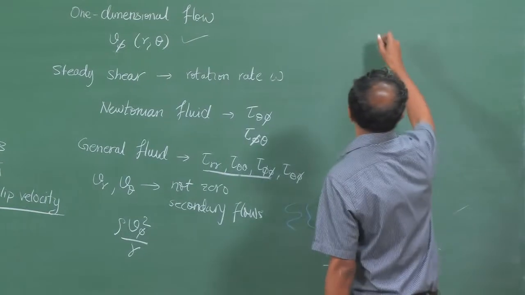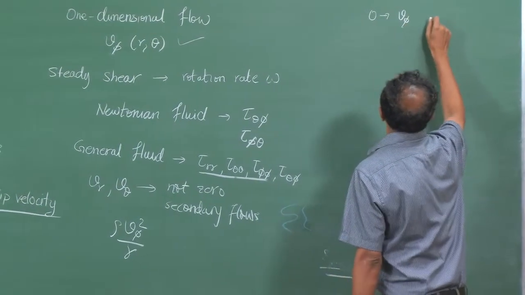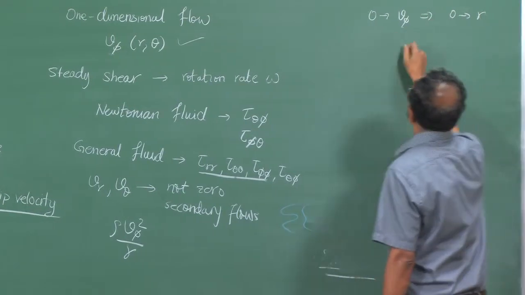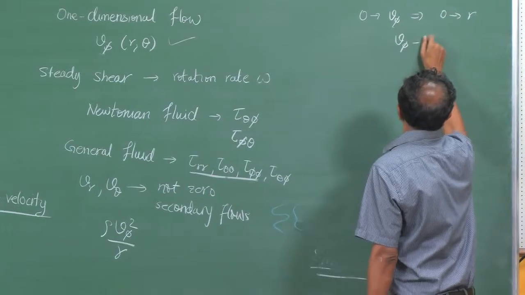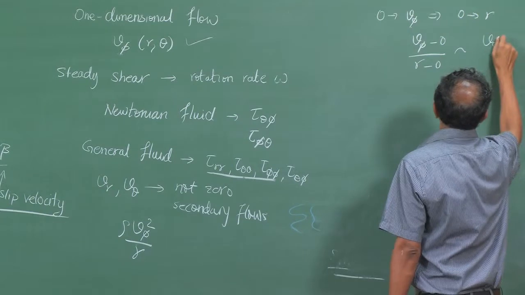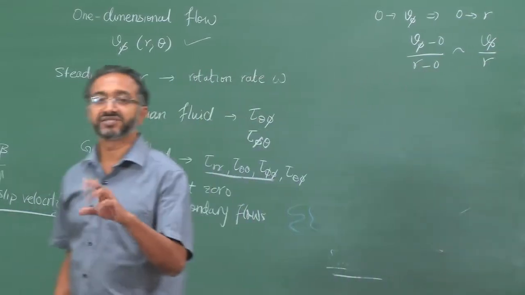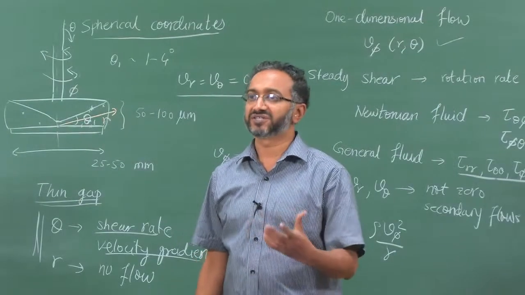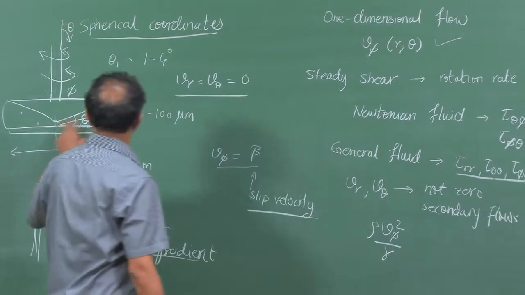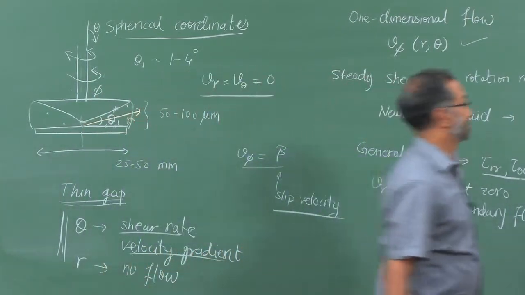So, V phi goes from 0 to V phi when the distance goes from 0 to r. So, the gradient can be calculated as V phi minus 0 over r minus 0, so this is V phi by r. This is the order of magnitude of the variation in velocity with respect to distance travelled. When you go from the center to the outer edge, velocity will vary like this.